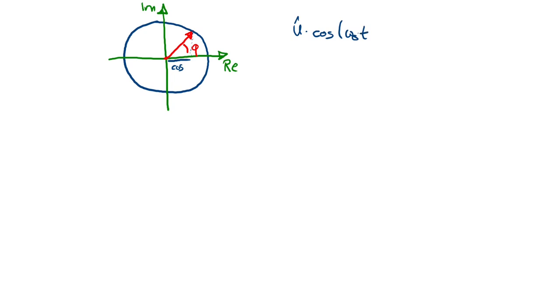Yeah, and then the phase followed, but that is not important for now. By the way, the radius of the circle is here the amplitude, but that's also not important for now.